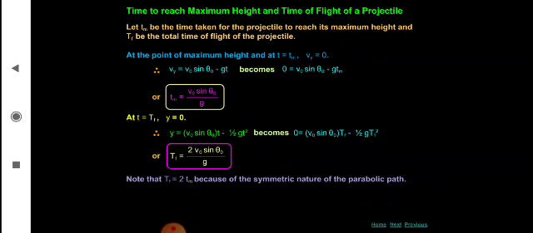Now we have to find the time of flight. When t is equal to Tf, the total time of flight of the projectile, y is equal to 0.